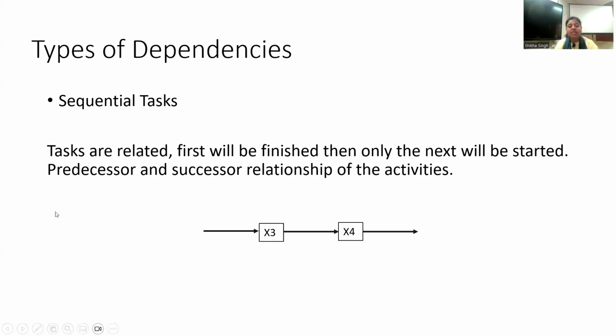So here you see x3 is the predecessor while x4 is the successor. Predecessor and successor is something which is giving the information and which is receiving the information. So if I am saying x3 is the predecessor to x4, it means x3 is providing information to x4 and x4 is receiving information from x3. So x4 is becoming the successor.